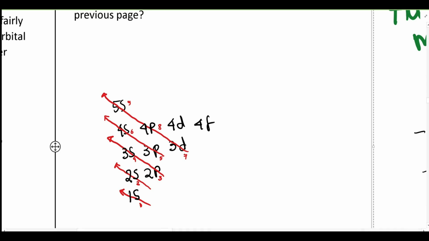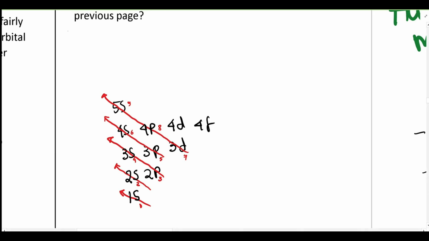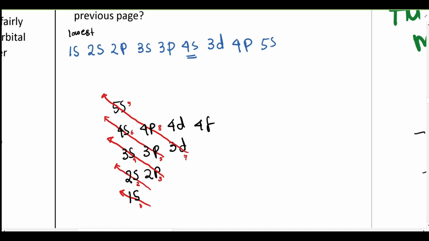So I'm just going to rewrite this linearly, in terms of the lowest first to the highest. We're going to start from the 1s, and then we're going to go 2s, 2p, 3s, 3p, 4s, so notice that it jumps, and then 3d, 4p, 5s. Right, so notice it kind of jumps again where these are located.